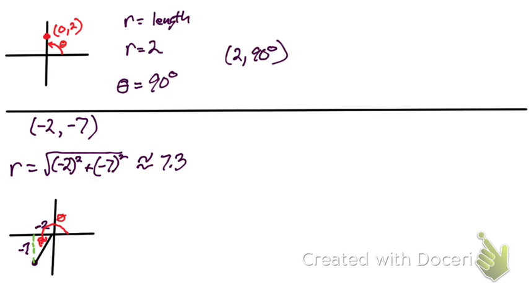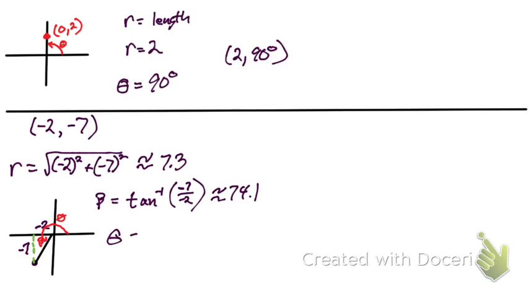So if I'm looking at how big theta is, it's 180 plus whatever this little measure is. The first thing you're going to do is the tan inverse. I should probably say beta. Beta equals the tan inverse of -7 over -2, which is going to be about 74.1.